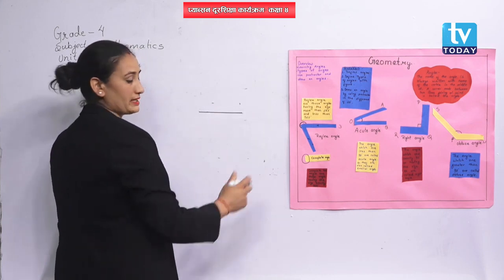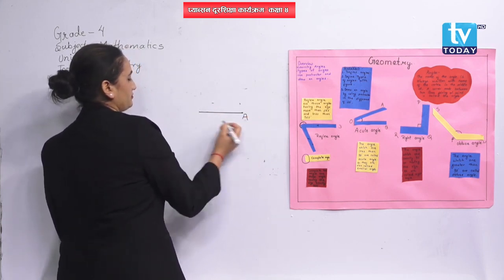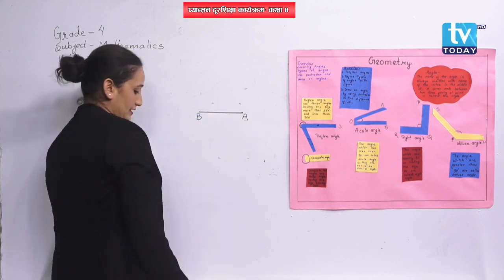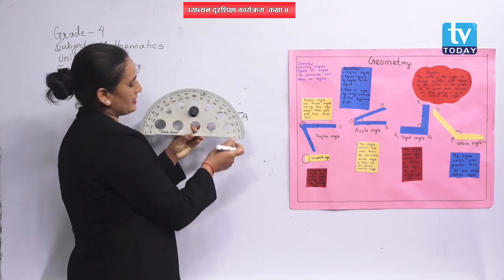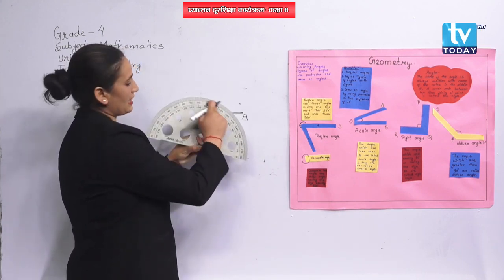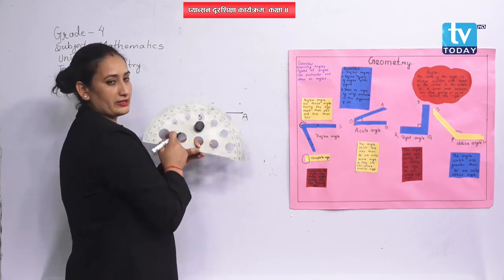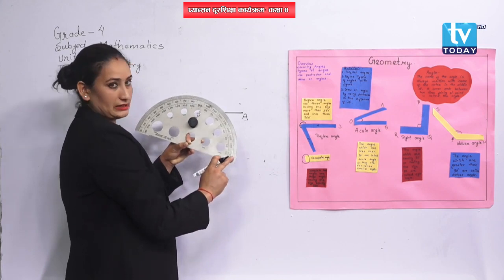Please write down the name of this point, A, B. Now, inside the protractor you can see an inner scale and an outer scale. Two types of scale are there.